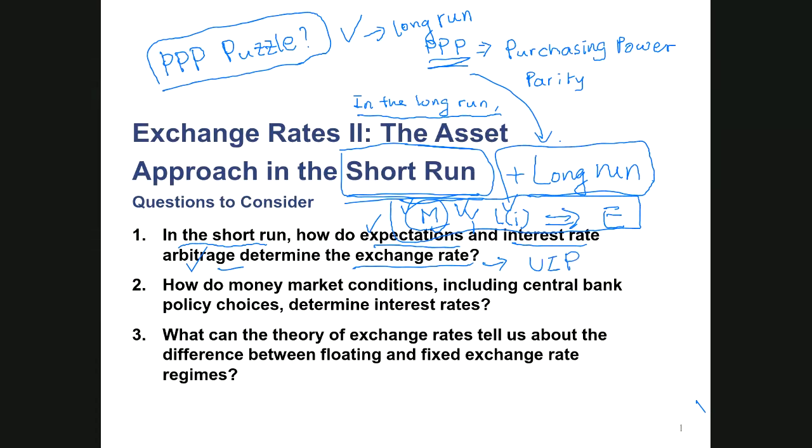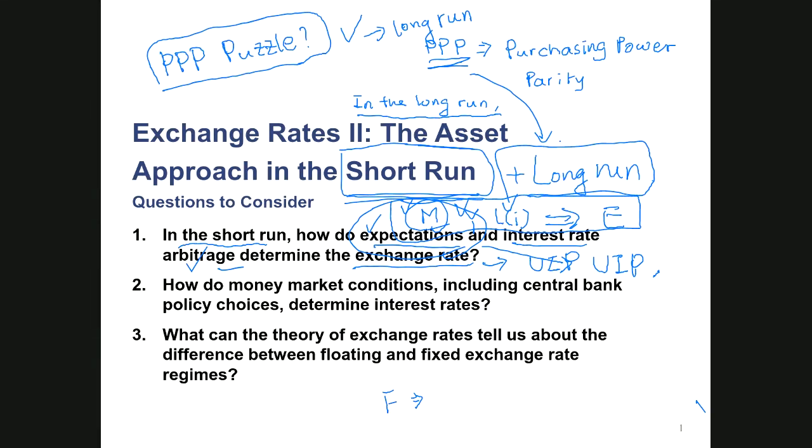Why do you think it's CIP, Peter? Aren't you protecting yourself by getting that forward rate? Yeah, but the keyword here is expectation. So whenever it comes to expectation, you should apply the UIP instead of the CIP. CIP is using the forward exchange rate, which is something we already know in the market, the long run exchange rate.